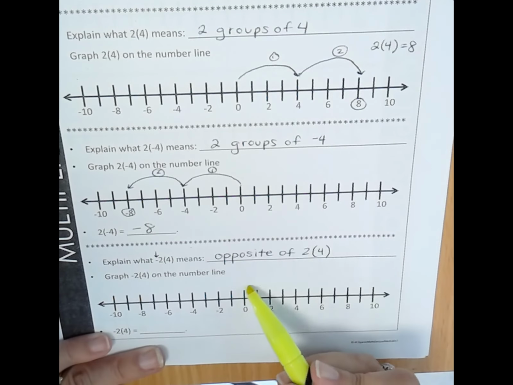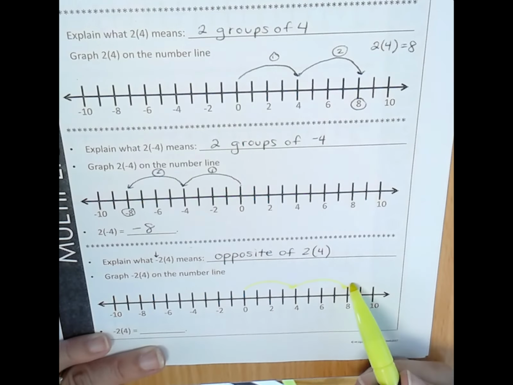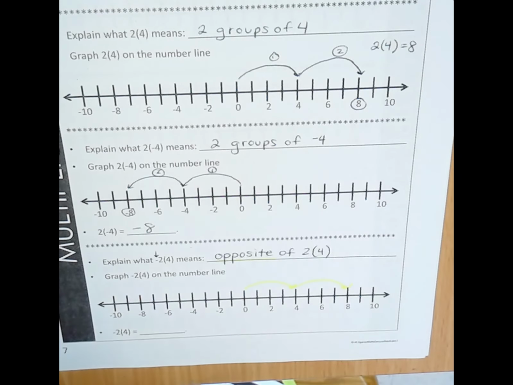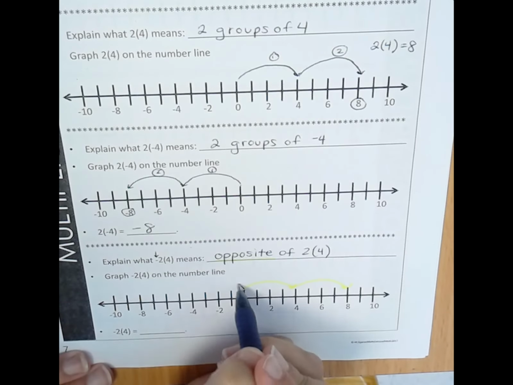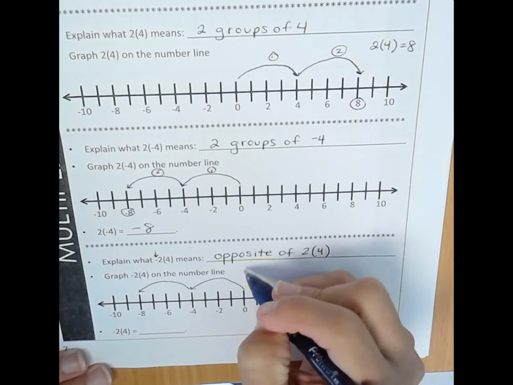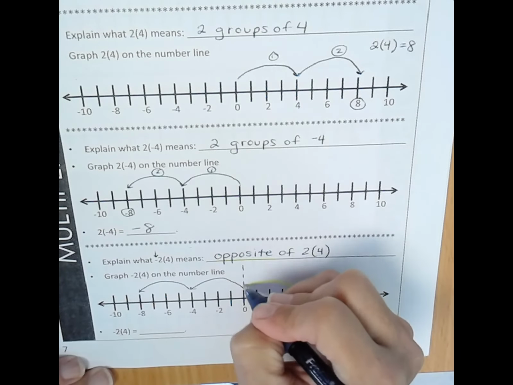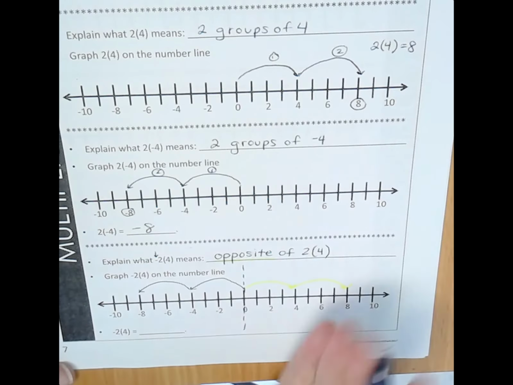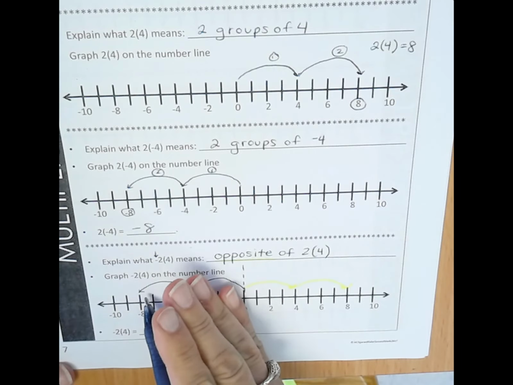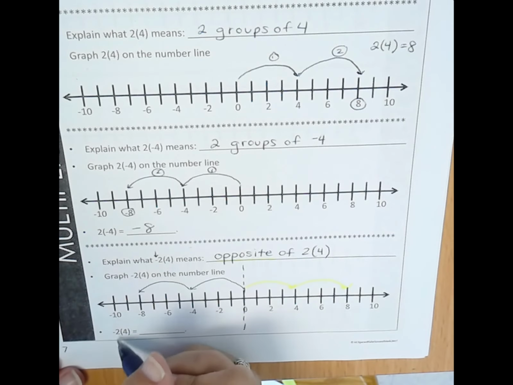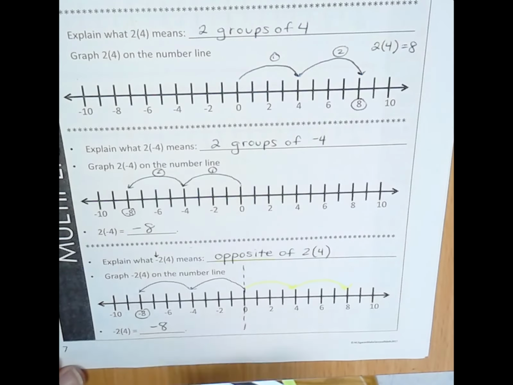Here's 2 times 4, right? But we want the opposite of that. So the opposite of that is going to be this. It's almost like a mirror image. If I could fold that number line in half, I would have the opposite of that. So the opposite of 2 times 4, or -2 times 4, is also -8.